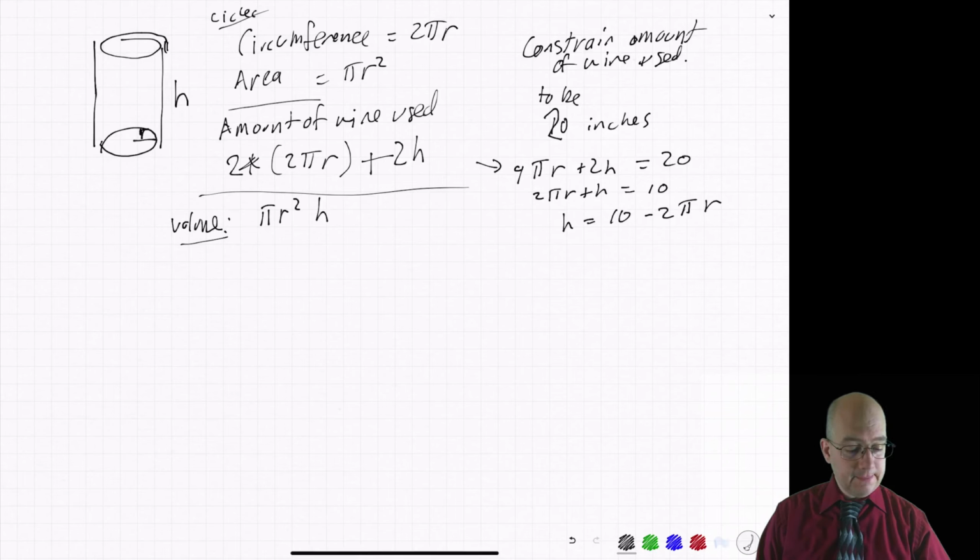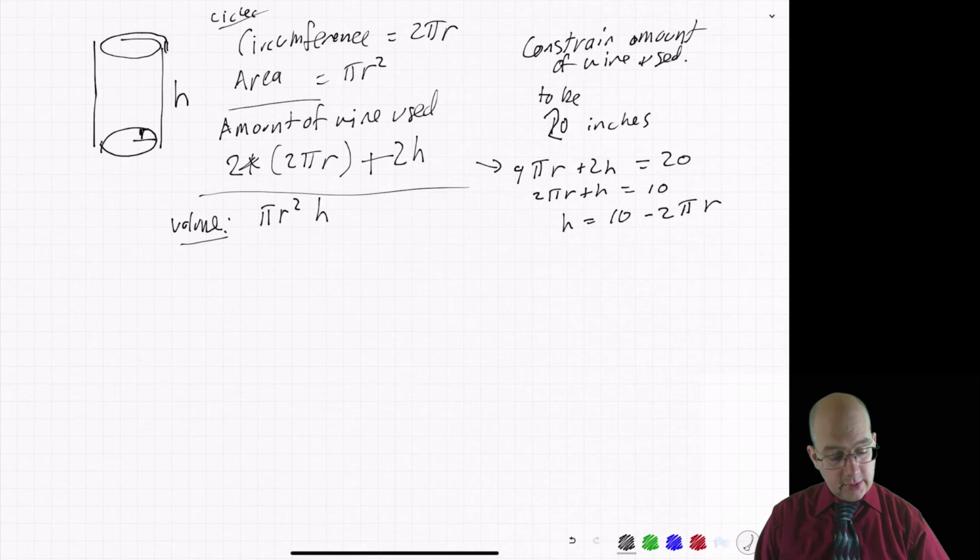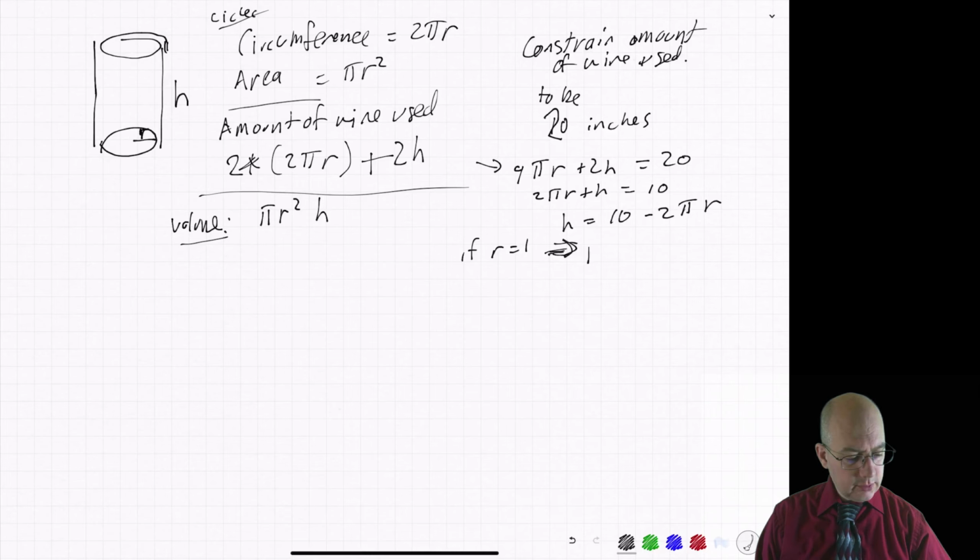All right? So that's that. And let's see, just as an example, if we were to take r equal to 1, then h is equal to 10 minus 2 pi, which is approximately, 2 pi is about 6.3, so it's about 3.7.